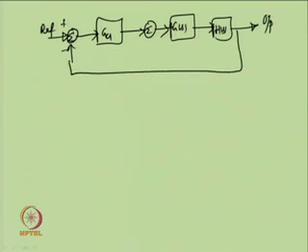Now, I can redraw it in this form, putting the feedback controller GC2 in the inner feedback path.